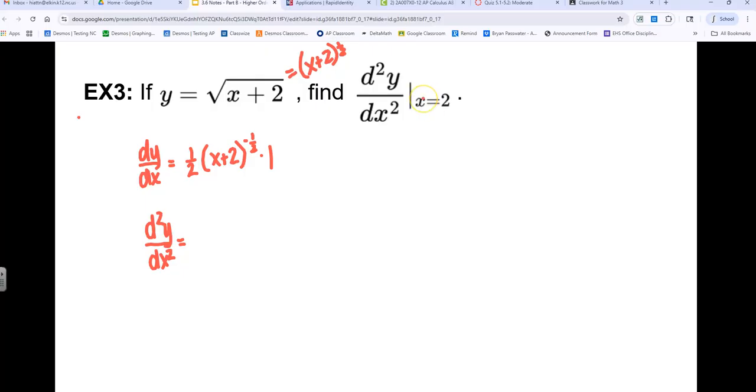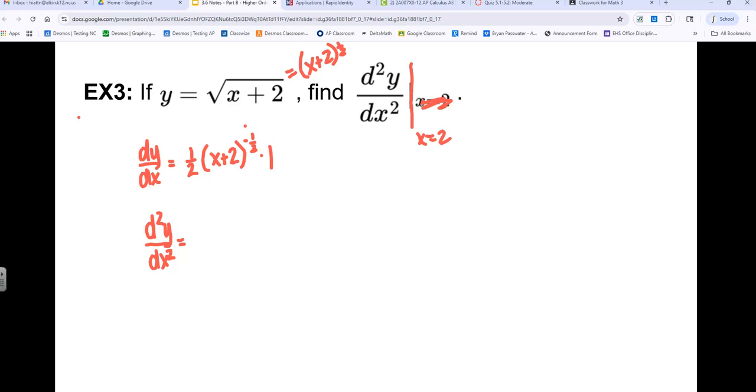Okay, that line really should be longer, but this is the best I could do typing it because I couldn't figure it out. That line is usually a little bit longer, and that x equals 2 is down here, more like right there. But that's just telling you the number to plug in at the end. You want to find the derivative first, and then you'll worry about plugging in that number.